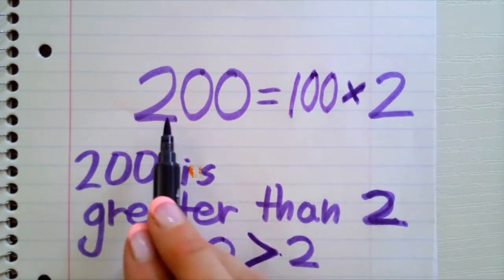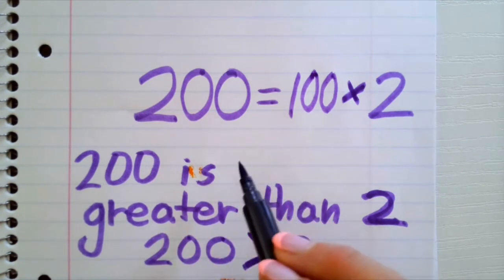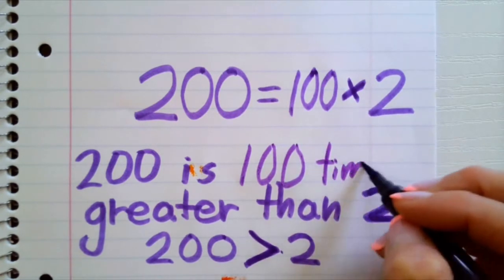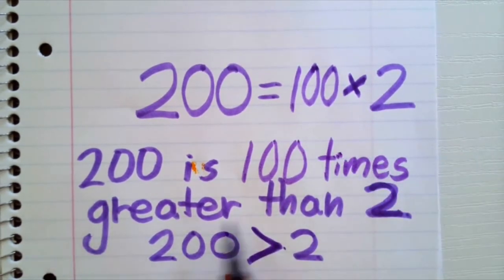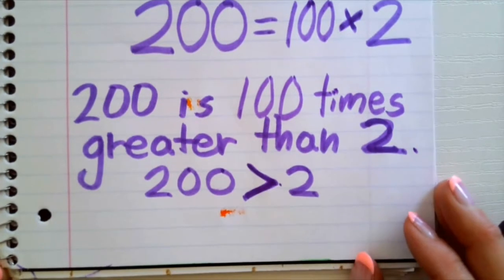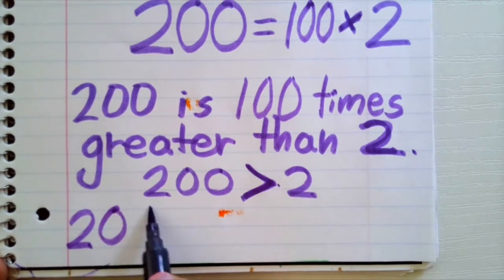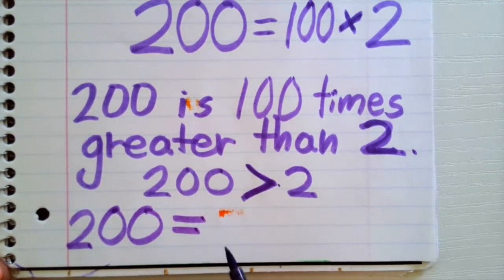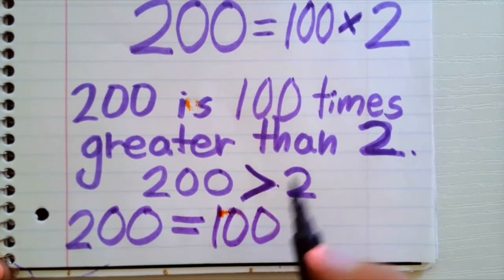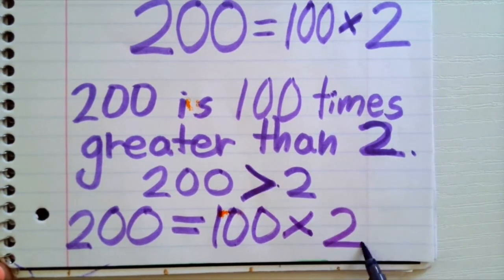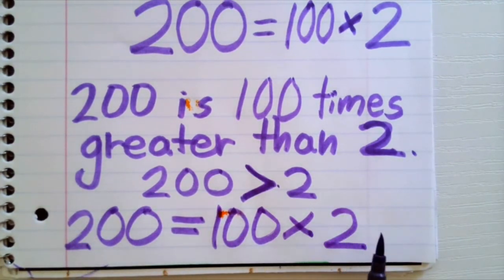So we would say 200 is 100 times greater than 2. Okay? Now, how do we write that as an equation? Write it with me. 200 is, we put equals, 100 times greater than 2. This shows the multiplicative comparison between 200 and 2.